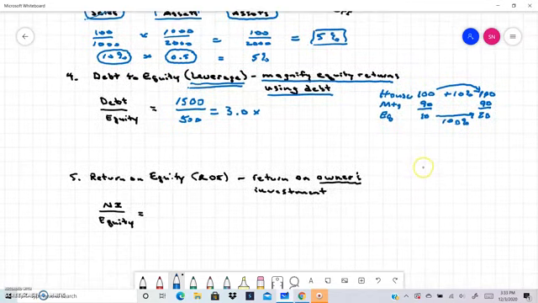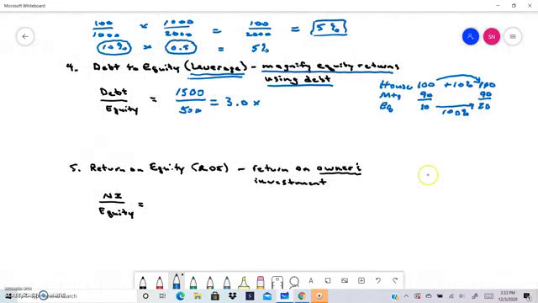So let me move this up. So basically net income to equity is the return on equity. Return on equity is, of course, the most important thing because equity is our money, the owner's money. And so return on equity is the return on the owner's investment.